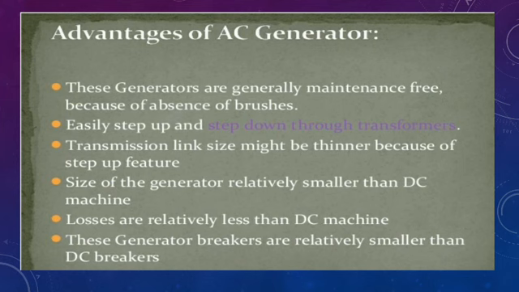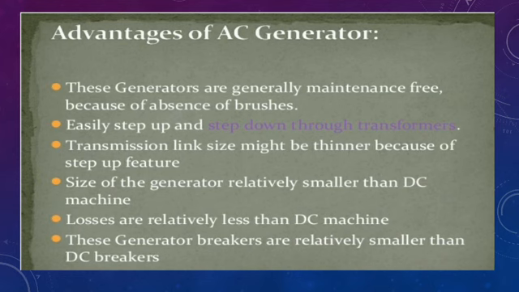Now come to the advantages of AC generators. These generators are generally maintenance free because of the absence of brushes. They can be easily stepped up and stepped down through transformers.